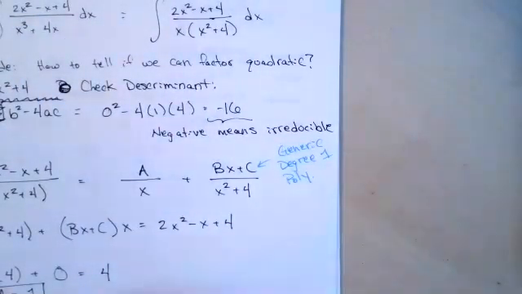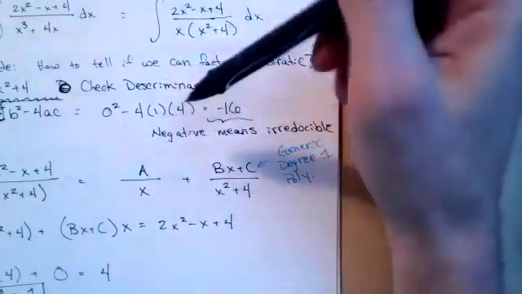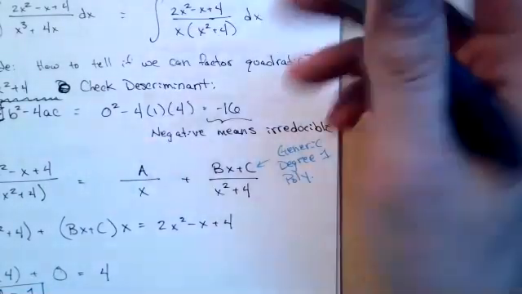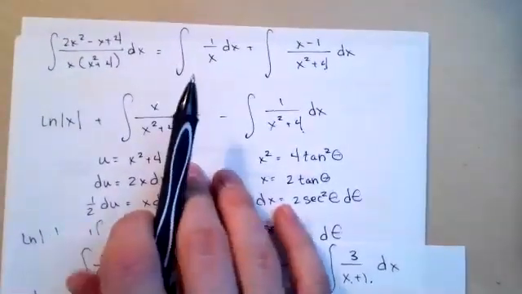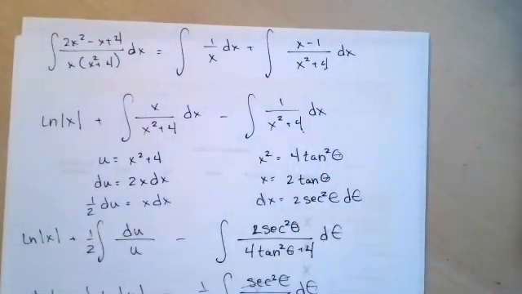We've cooked these up specifically so that the numerator is 1 degree less than the denominator. This allows us to do things like u subs and trig functions.